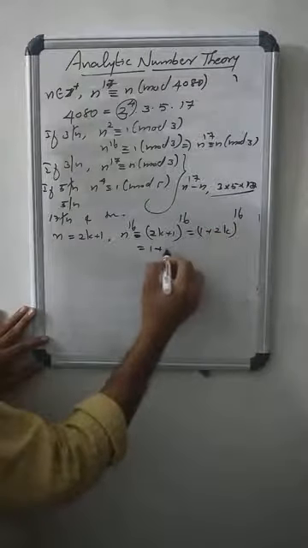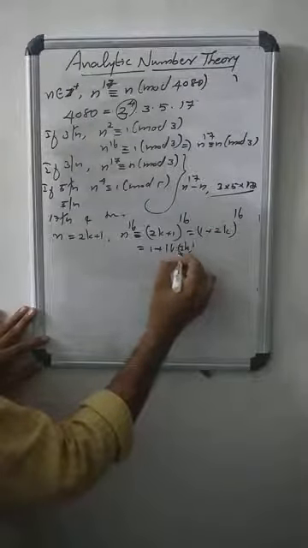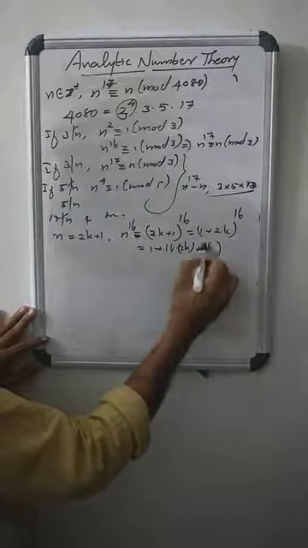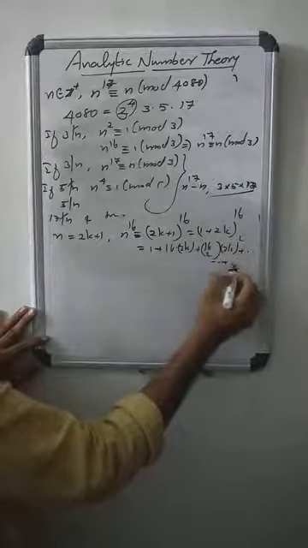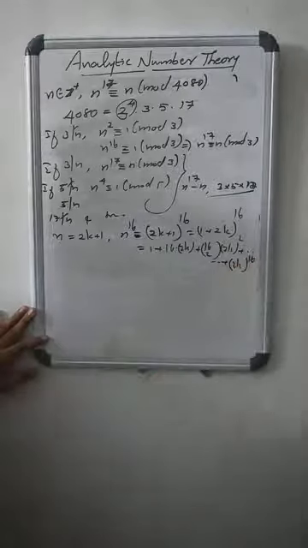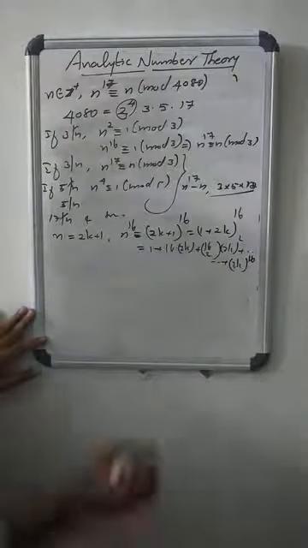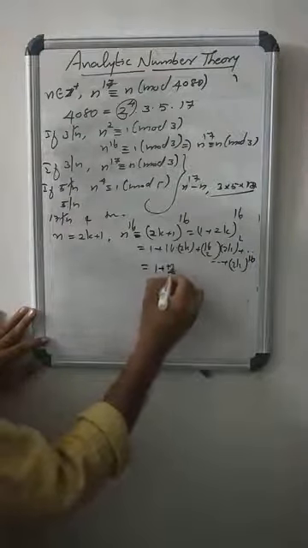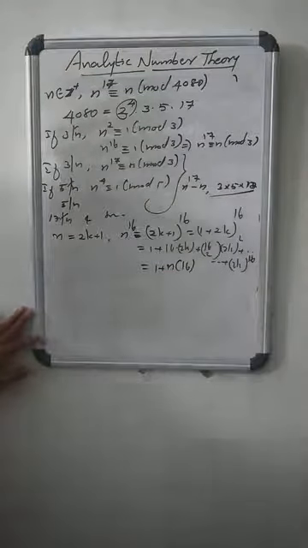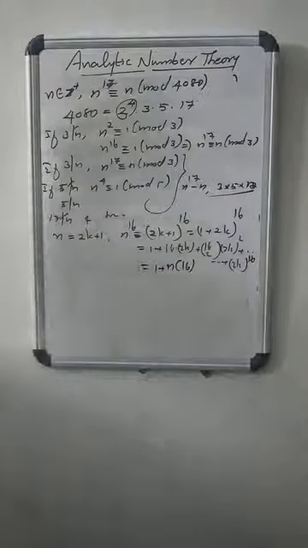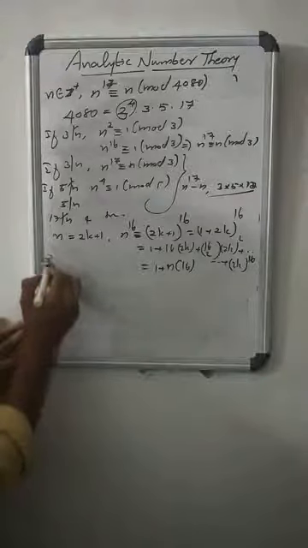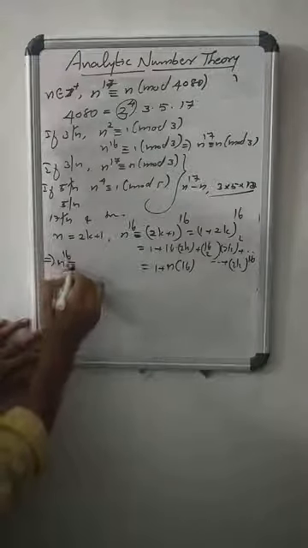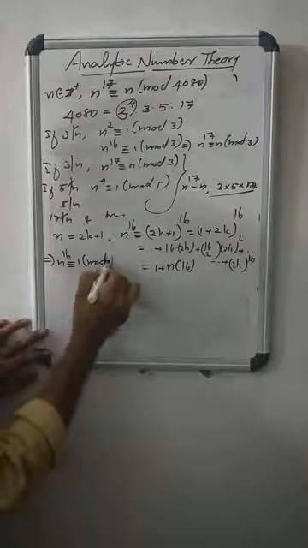So it is 1 plus 16 into 2k plus 16c2 into 2k whole square plus etc., plus 2k all power 16. That means it is 1 plus a multiple of 16. So n power 16 is congruent to 1 mod 16.